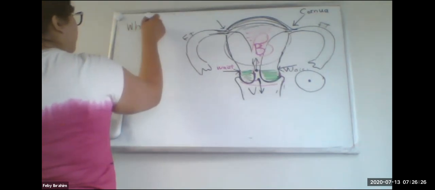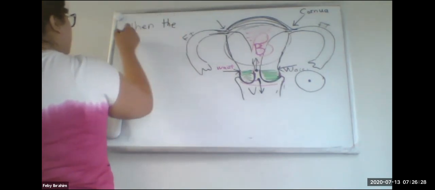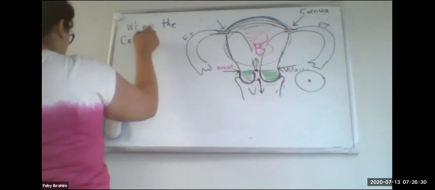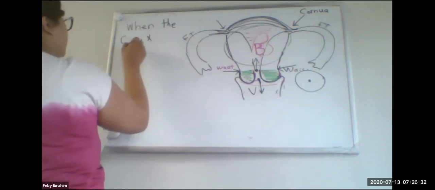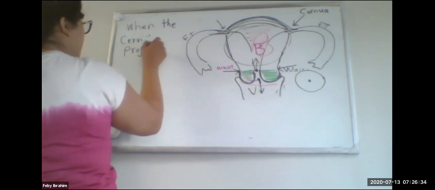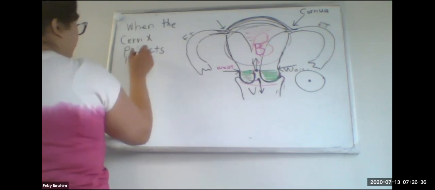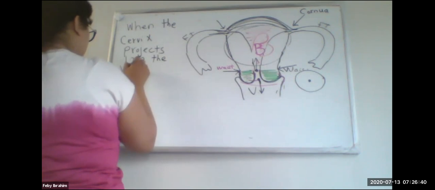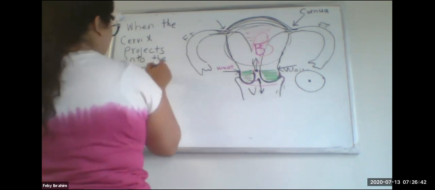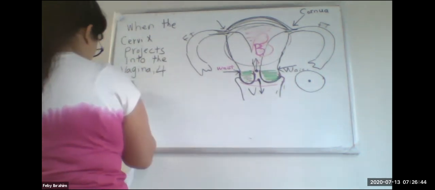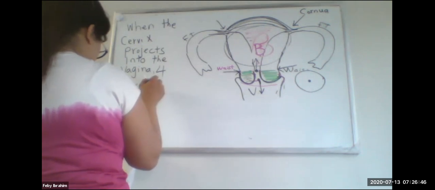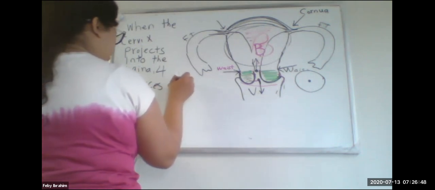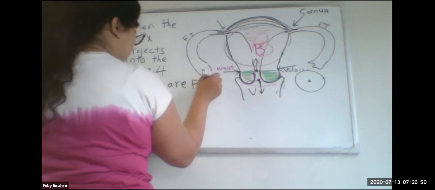When the cervix projects into the vagina, four fornices are formed.